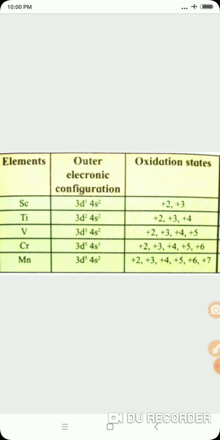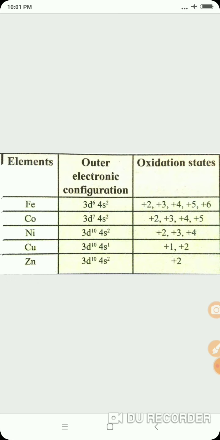See here, for manganese the outer electronic configuration is 3d5 4s2. Five unpaired electrons are present in the 3d orbital, and manganese shows the maximum number of oxidation states, that is +2, +3, +4, +5, +6 and +7. Why does manganese show the maximum number of oxidation states? Because 5 unpaired electrons are present in the 3d orbital, and 2 from the 4s orbital. So a total of 6 oxidation states are shown by manganese.